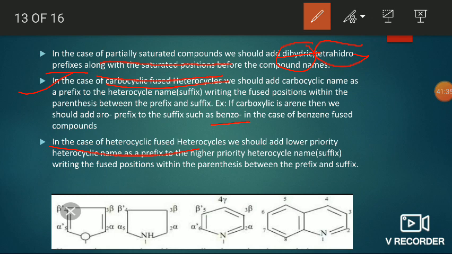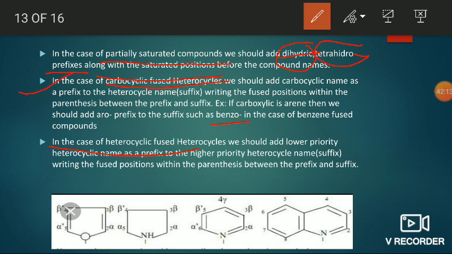After prioritizing, we should add the name of the lower priority heterocyclic compound as a prefix before the name of the high priority heterocyclic compound. Okay, this is all about the nomenclature of heterocyclic compounds, whether it is a single or simple heterocyclic compound, or a partially saturated heterocyclic compound, or condensed heterocyclic compounds.